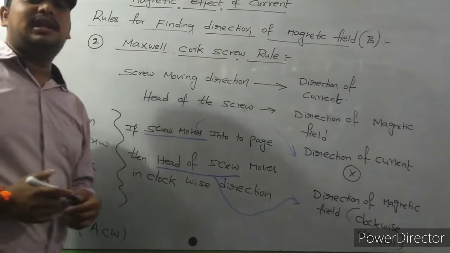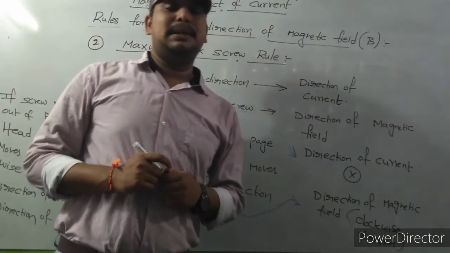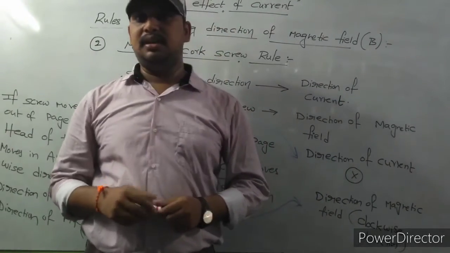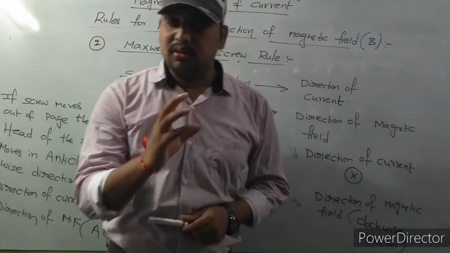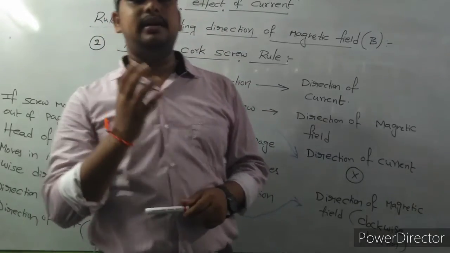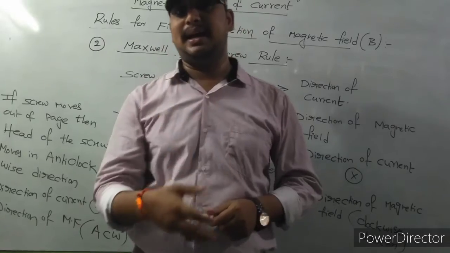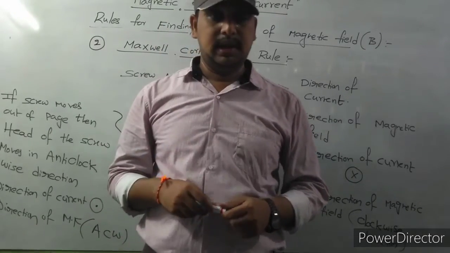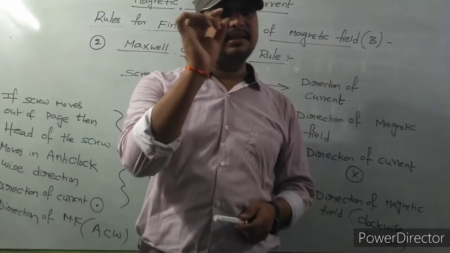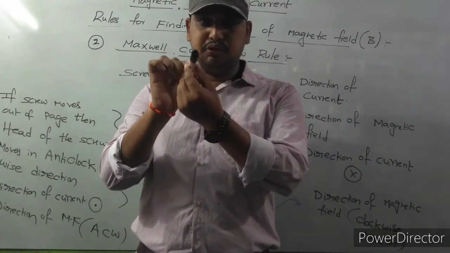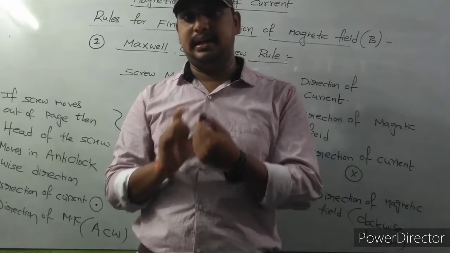I will recapitulate one more time. Students, please observe carefully. Maxwell's corkscrew rule. Generally, this rule is also useful to find the direction of magnetic field. How to find the direction of magnetic field by using this rule? Let us consider the screw. The screw moving direction indicates the direction of current.